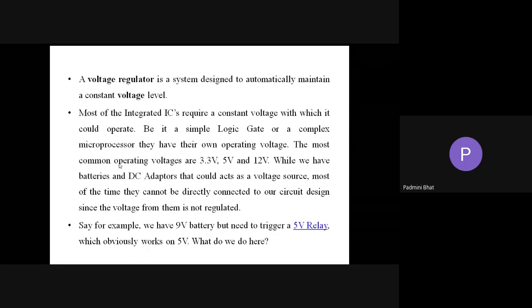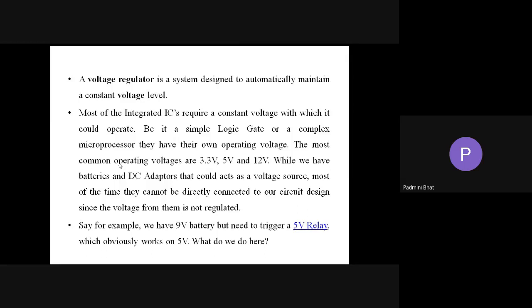Now you can ask, should I use one source and one regulator each time to get one constant output? No, not necessarily. You can have one source, then one regulator for one application, a second regulator for a second application, and so on.